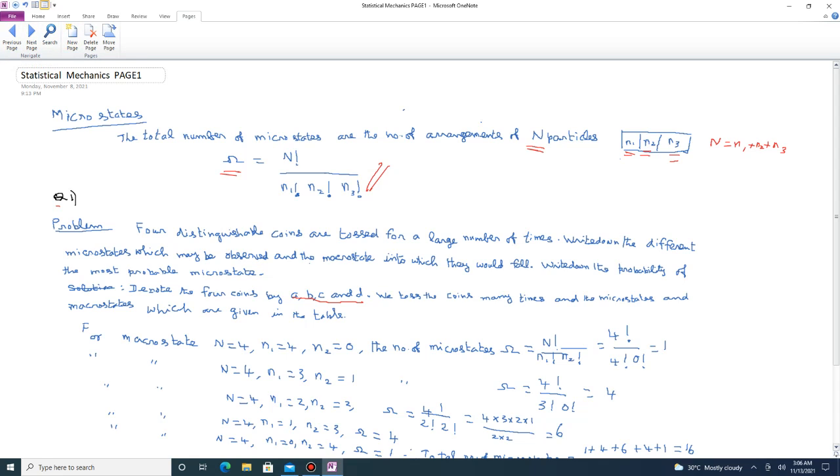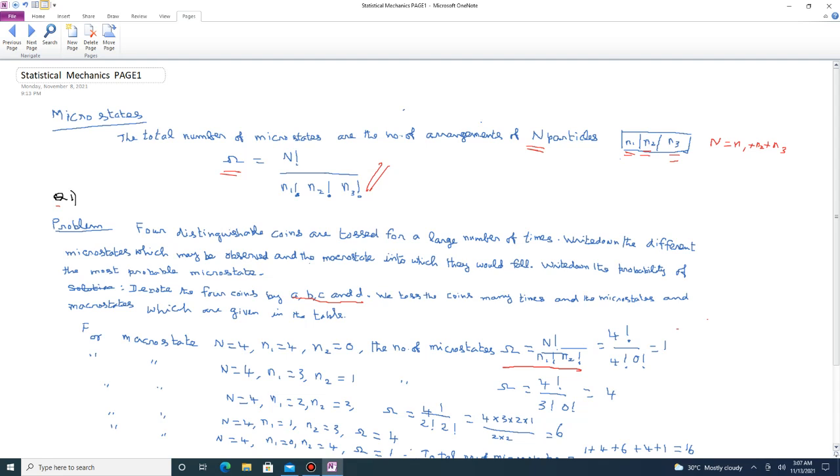That can also be done by using the formula. So the number of microstates is given by this expression: omega is equal to N factorial divided by n1 factorial times n2 factorial.